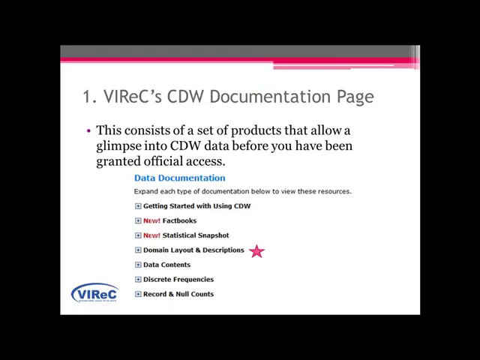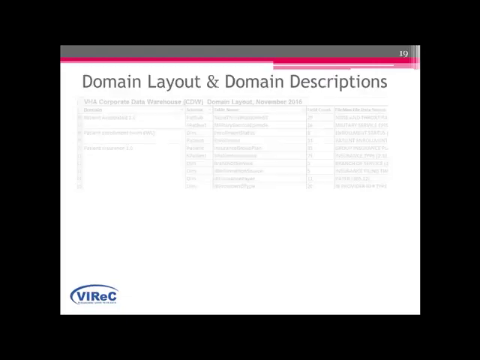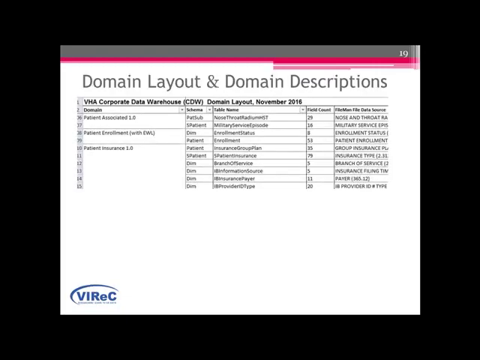Third, let's take a quick look at what you'll find in the domain layout and the domain descriptions. For the domain layout, this is an Excel spreadsheet that will list on the far left each of the domains as of the date seen at the top of the page, in this case November 2016.